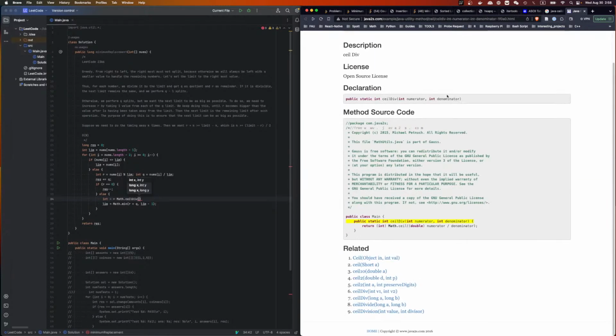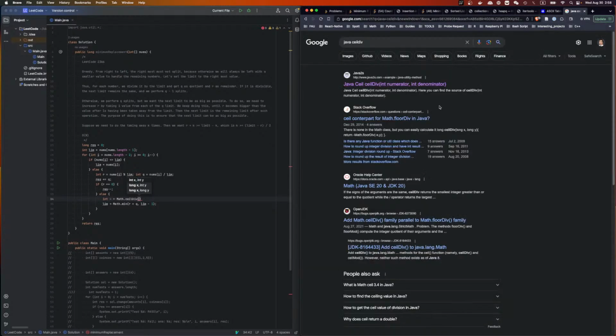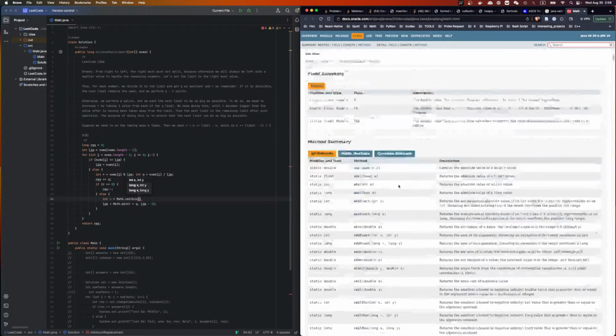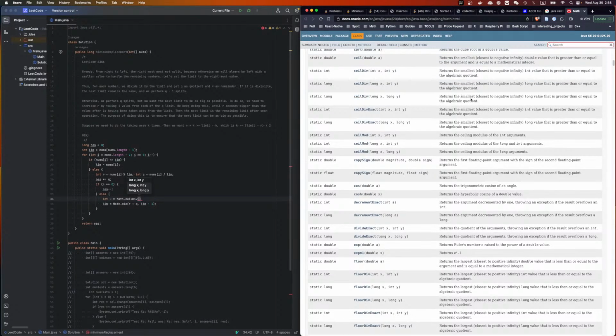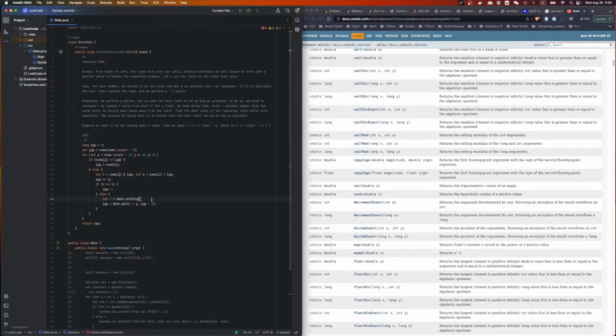Oh, this is just source code, I don't want source code. Return the smallest int that is greater than or equal to the algebraic quotient. Yeah, I think that is the one we want, which is limit minus r and 2.